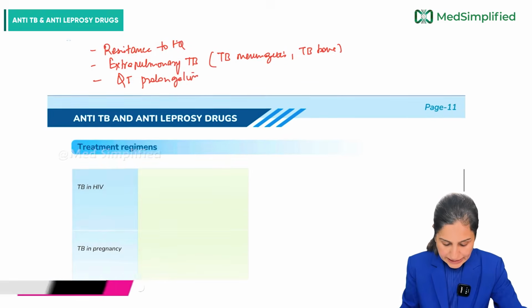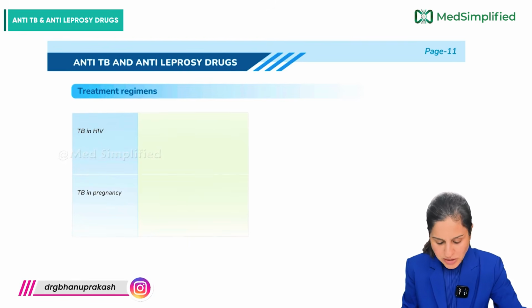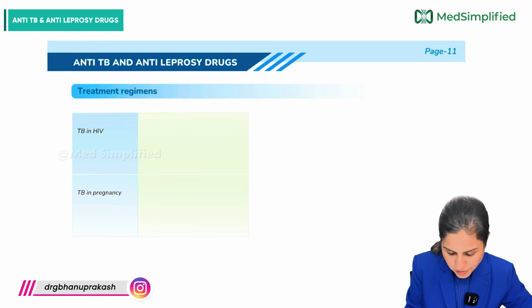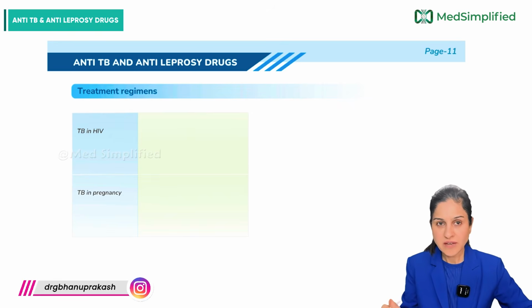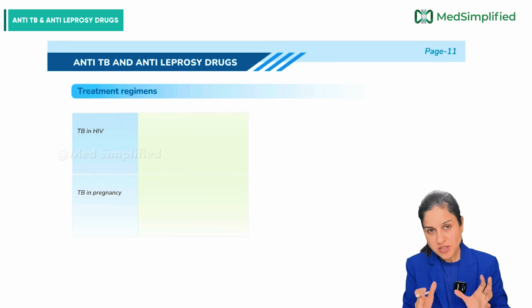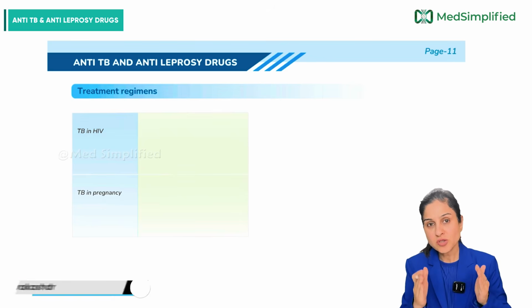All right. Next we have special situations, like let's say there is tuberculosis along with HIV. Now what to do? If there is a patient with HIV who develops tuberculosis, what should you treat first? First you should treat the tuberculosis.